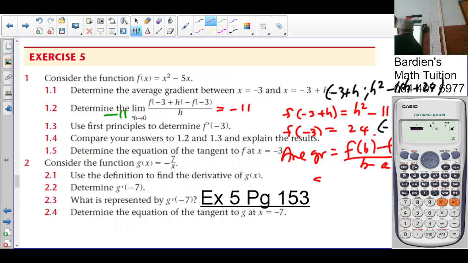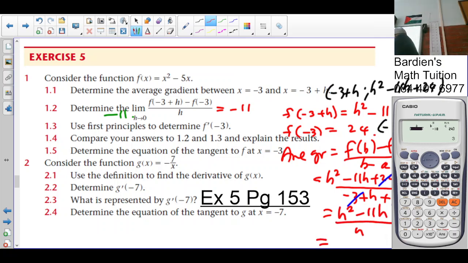So when we work out the average gradient, it's going to be h squared minus 11h plus 24 minus 24 all over -3 plus h minus -3. But that cancels, leaves you with h squared minus 11h all over h. And take out h as a common factor, it is h minus 11.